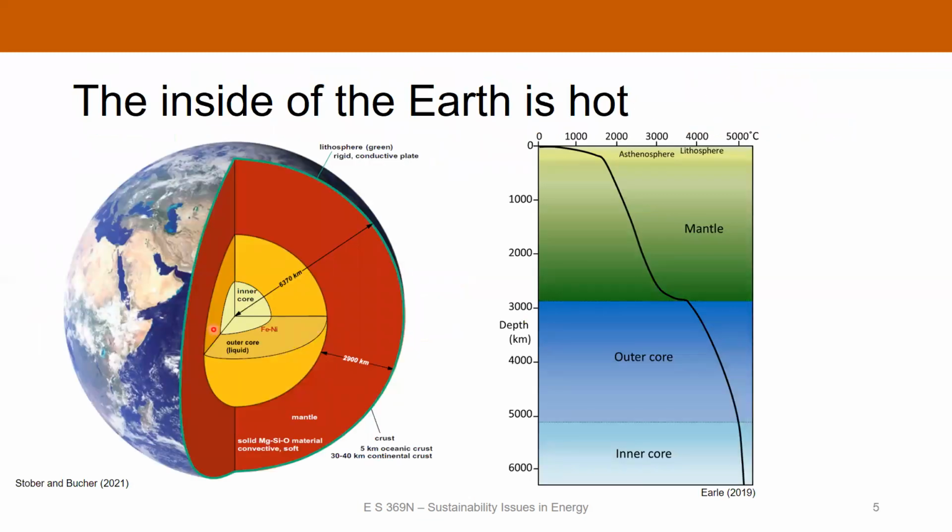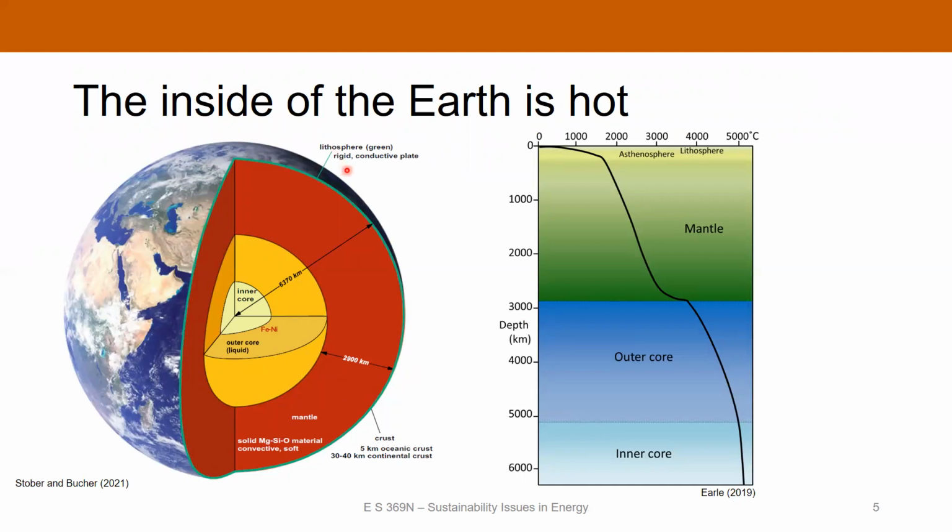So what we do when we produce energy from geothermal resources is that we take advantage of the fact that the inside of the Earth is hot. Okay, so this is a cutaway diagram of what the inside of the Earth looks like, kind of. On the very outer surface of the Earth, we have what's called the lithosphere.